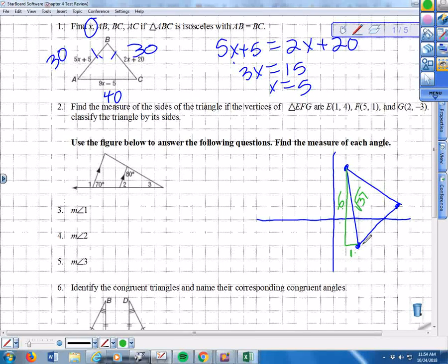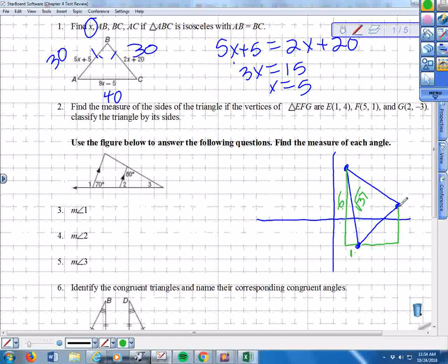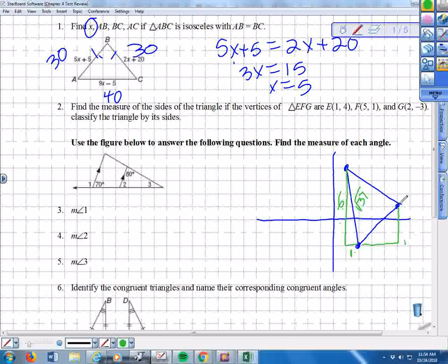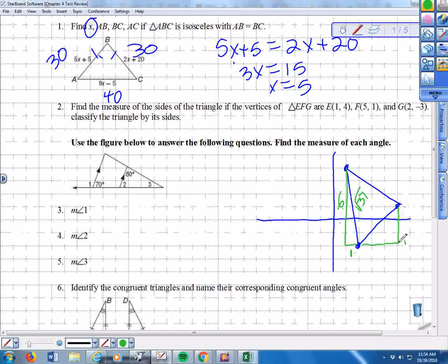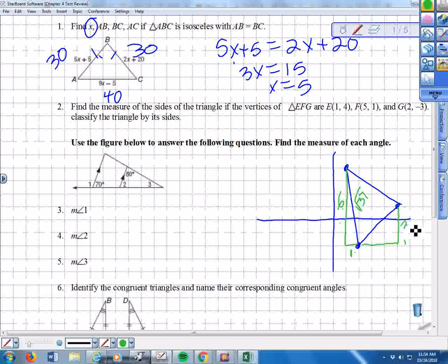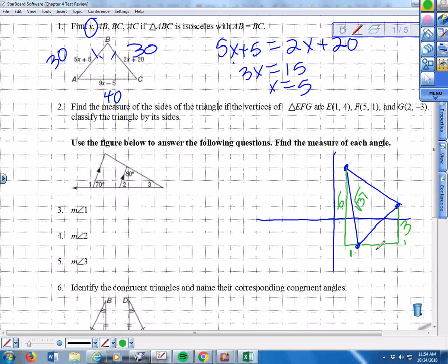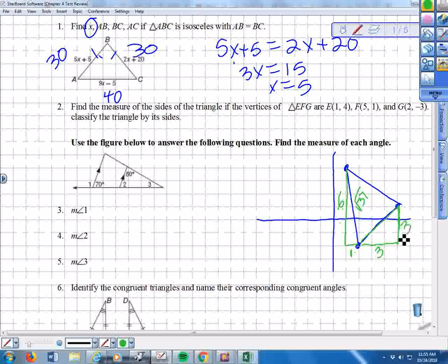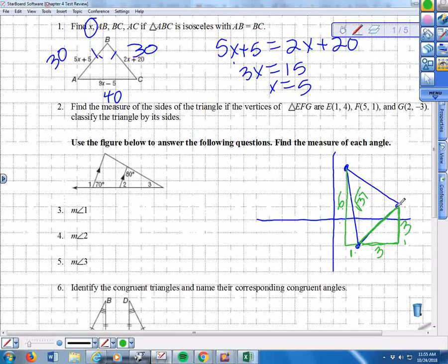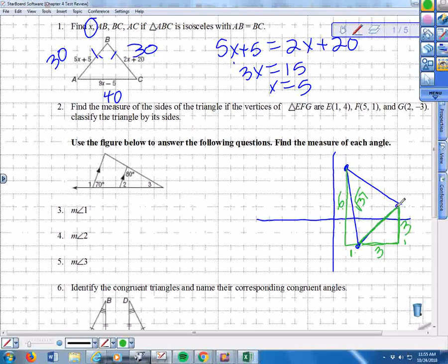Let's draw another right triangle. What is this distance here? From here to here. 3? And how about from here to here? 3. So if this is a right triangle, what's the hypotenuse? What's the formula for a right triangle?